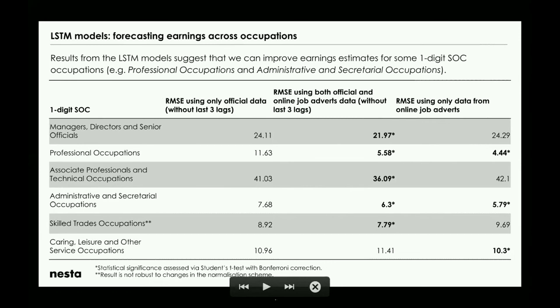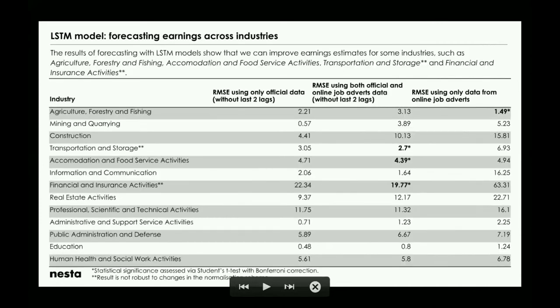When we changed to normalize between 0 and 1, we didn't see the same results. And for industries, again, we see some improvements, for example, for accommodation and food service activities, and financial and insurance activities, but not for all. And again, some of them are not robust to changes in the normalization method.